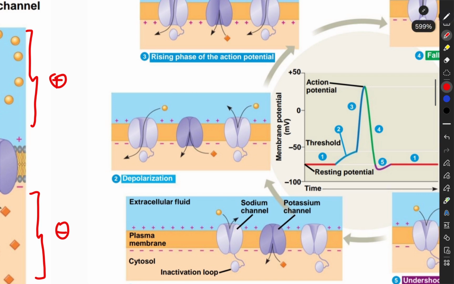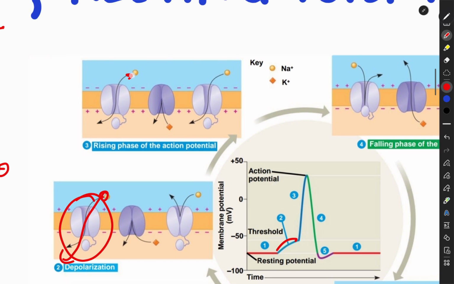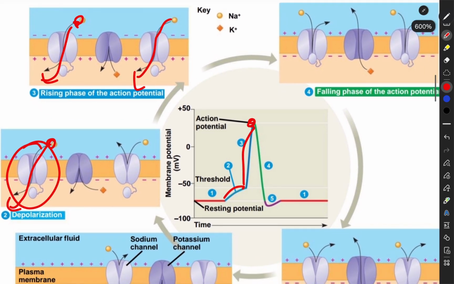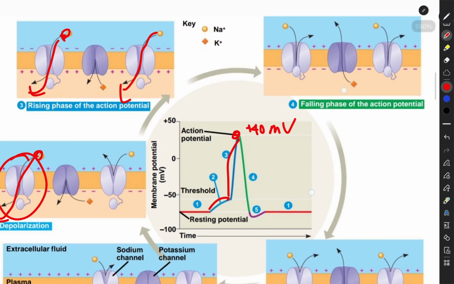But when depolarization occurs because of some stimulus, first the sodium channels will open. If it reaches the threshold, more sodium channels will open, and it reaches around positive 40 millivolts.